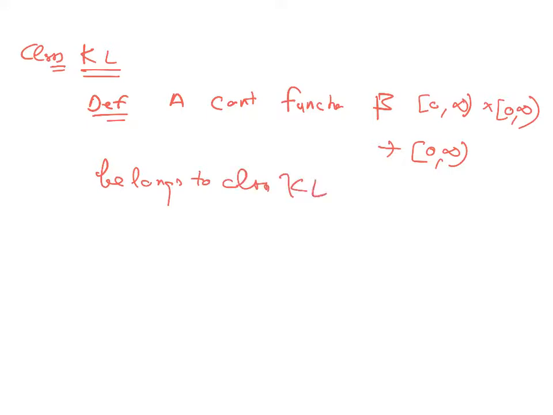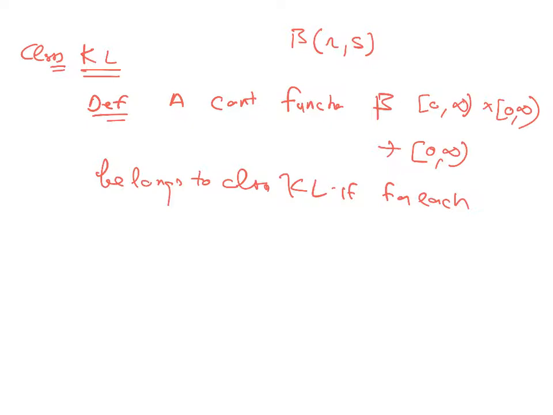for each fixed s... Beta is a function of two variables, r and s, and I'll show you in one moment why it is there.